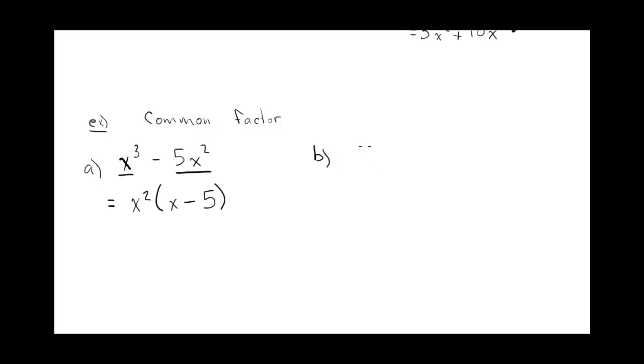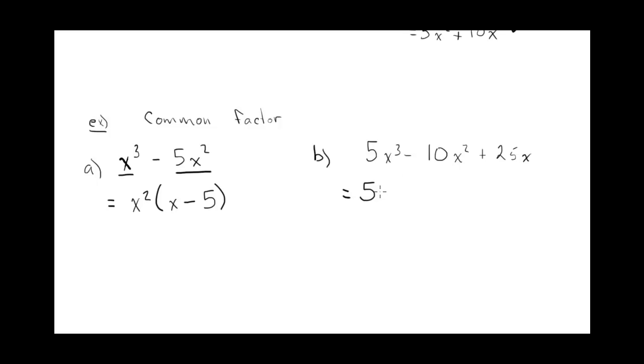Just do a few more. It doesn't have to be just binomials. You could get, say, 5x cubed minus 10x squared plus 25x. What is the largest number which divides all three of these, 5, 10, and 25? That would be 5. What's the largest variable with exponent that divides x cubed, x squared, and x?